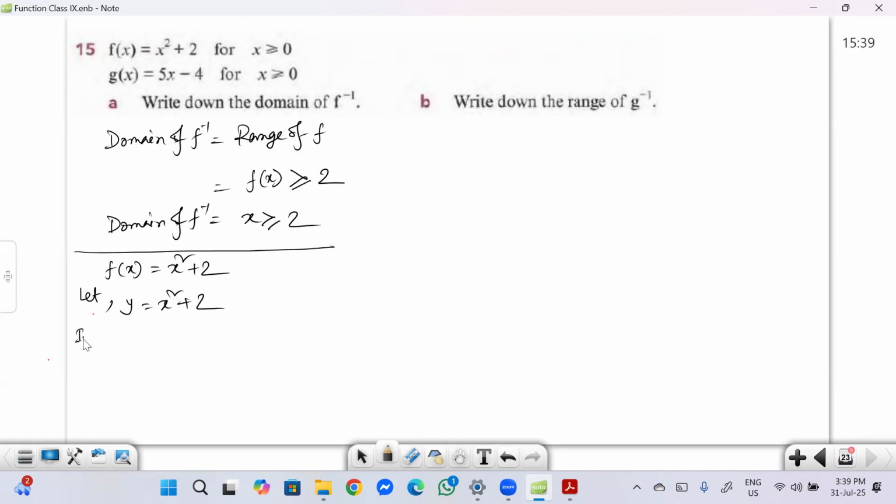Then in the second step, interchange x and y: x equal to y square plus 2. Then x minus 2 equal to y square. And lastly, y should be equal to square root of x minus 2. What about a plus minus?